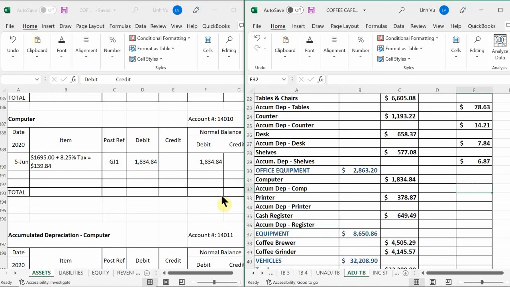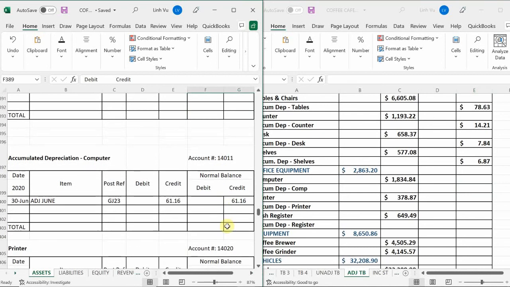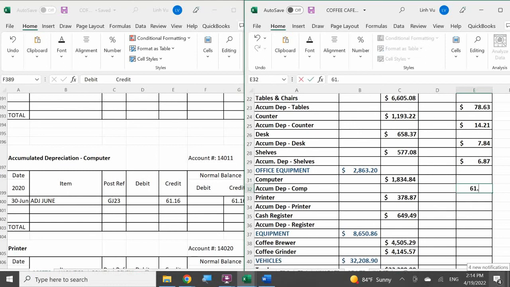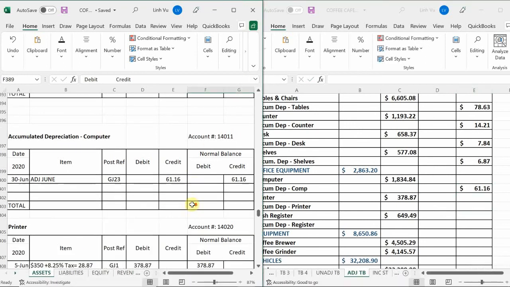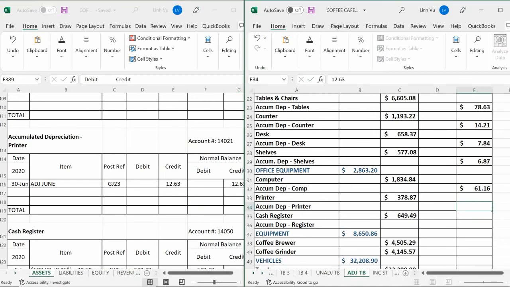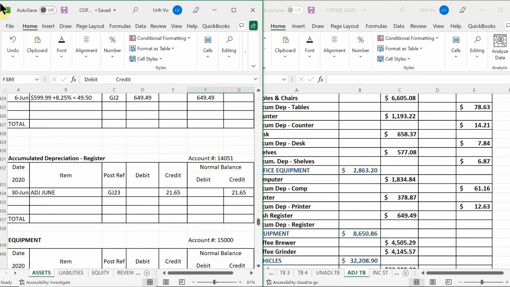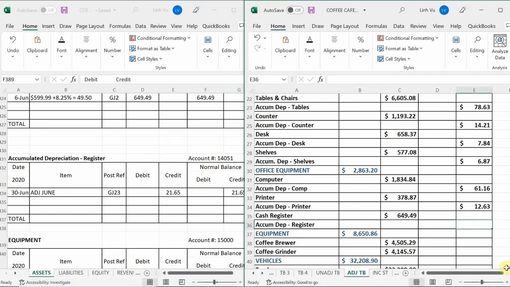So the accumulated depreciation for my computer was a total of $61.16. Okay. My accumulated depreciation for my printer was $12.63. And my accumulated depreciation for my cash register was $21.65. Okay.